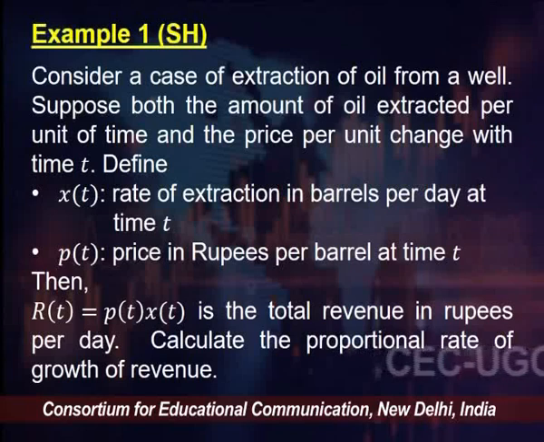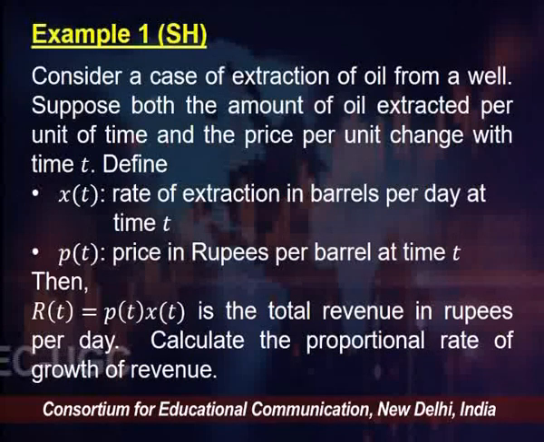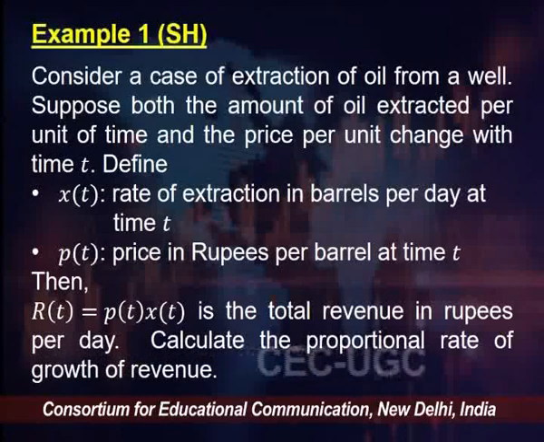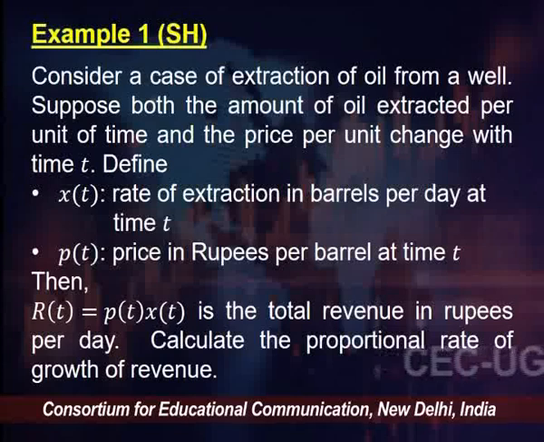So let us look at this example, which is taken from the textbook by Sydsaeter and Hammond. Here we have a case of extraction of oil from a well. Suppose both the amount of oil extracted per unit of time and the price per unit change with time t.